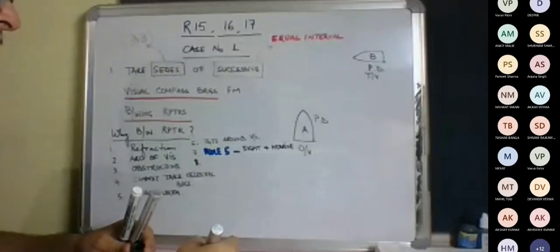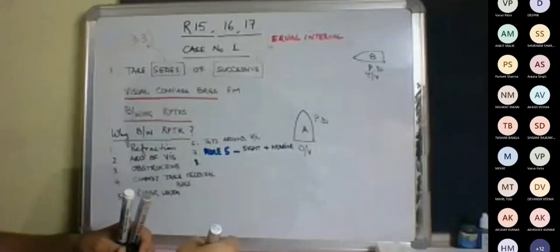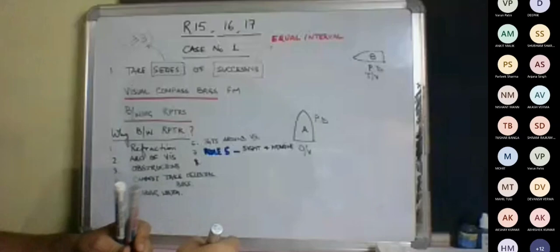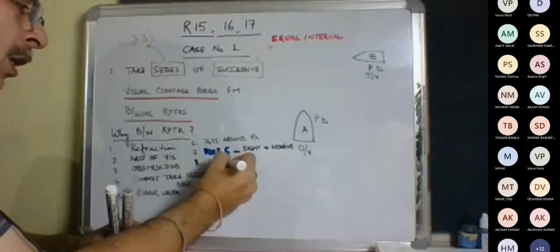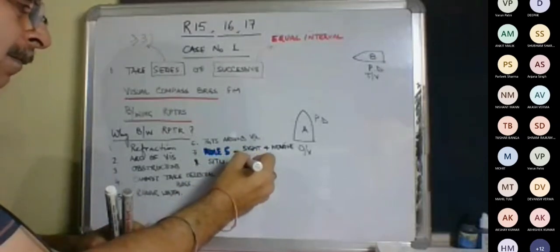If you are not going out to the bridge wing repeaters, then you are not aware of the changing scenario outside and you are not having what is called situational awareness.